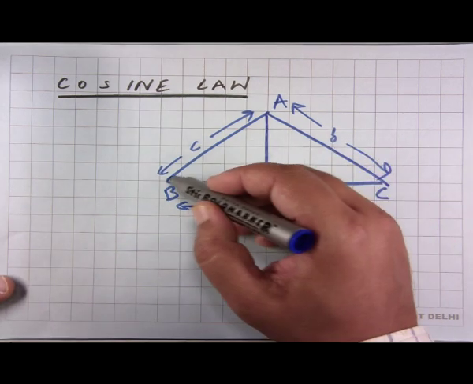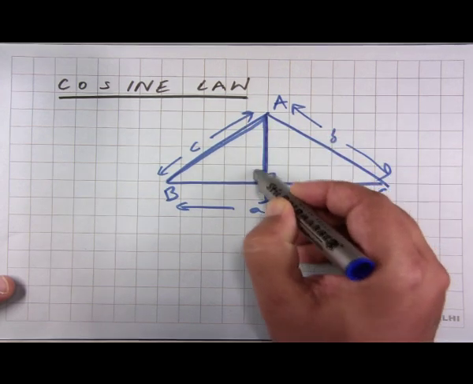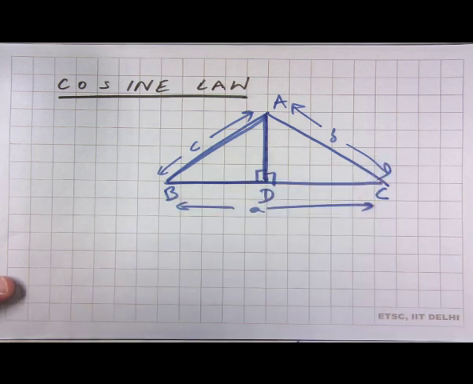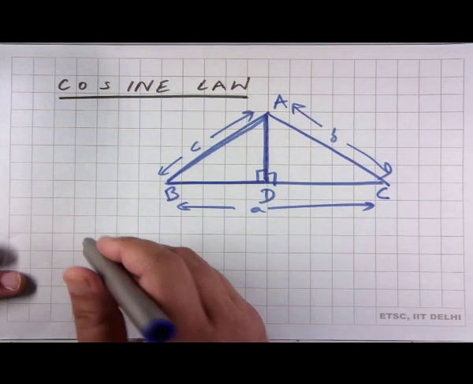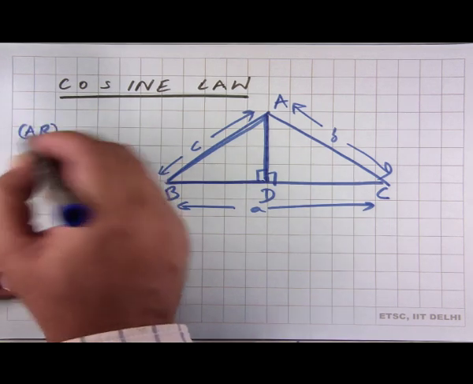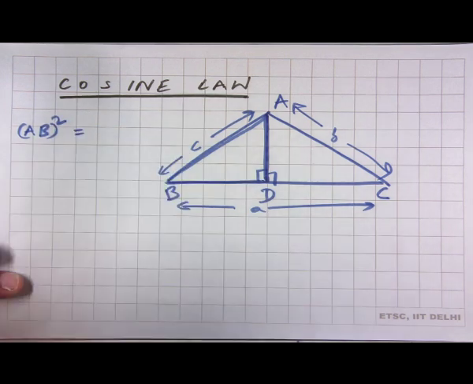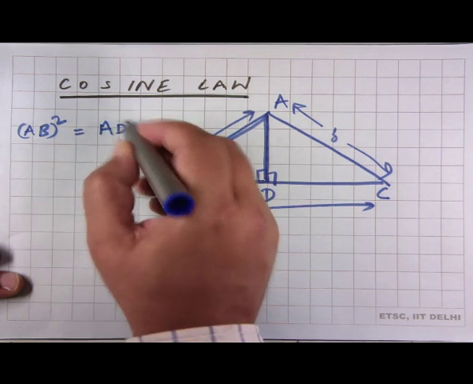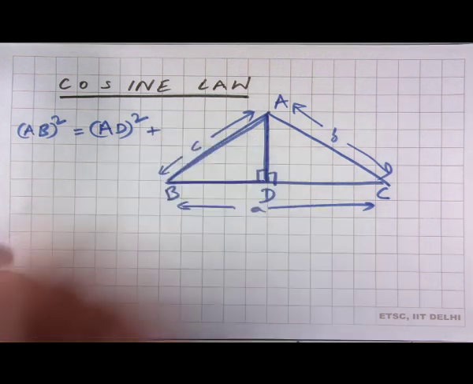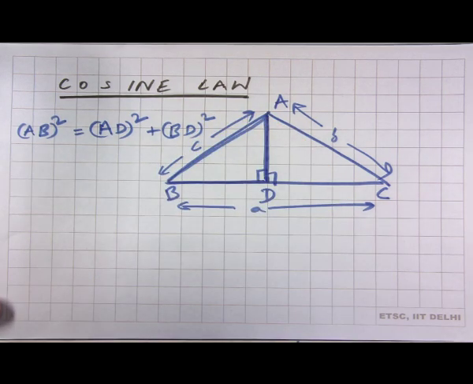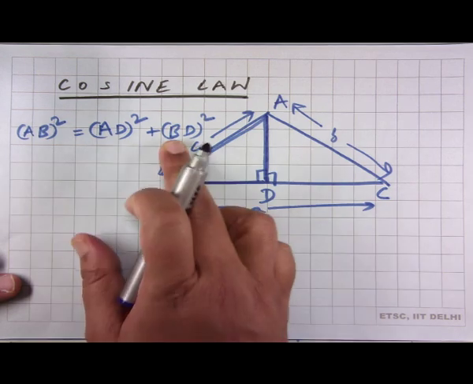If we now focus on the right angle triangle ABD, we can write down the Pythagoras theorem. From the Pythagoras theorem, AB whole square equals AD whole square plus BD whole square.